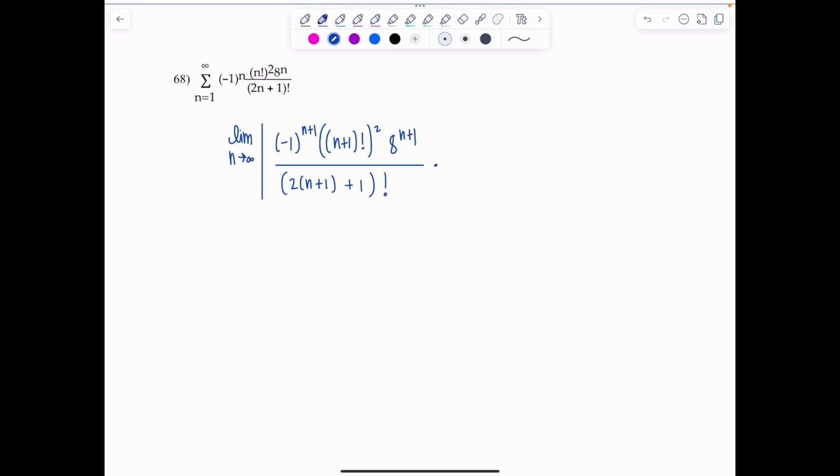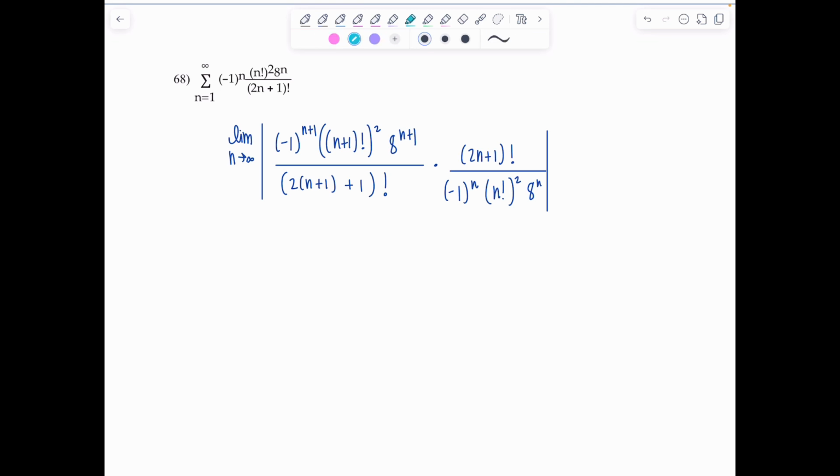Are we good? Times, yes, I'm already going to multiply by the reciprocal. So we're going to have up here 2n plus 1 factorial over negative 1 to the n, n factorial squared, and then 8 to the n. Good? Great.